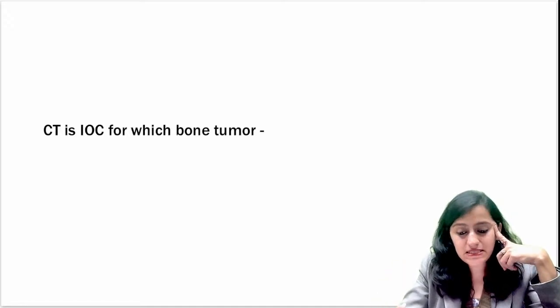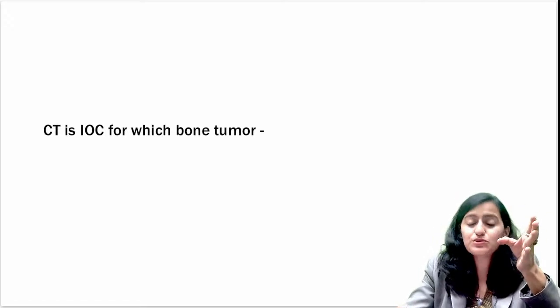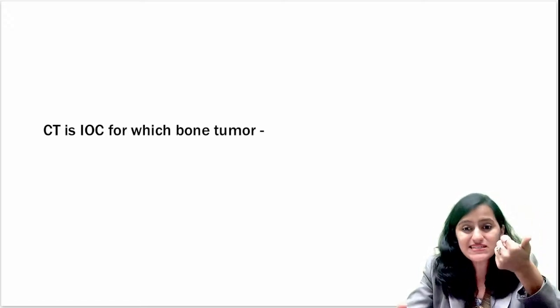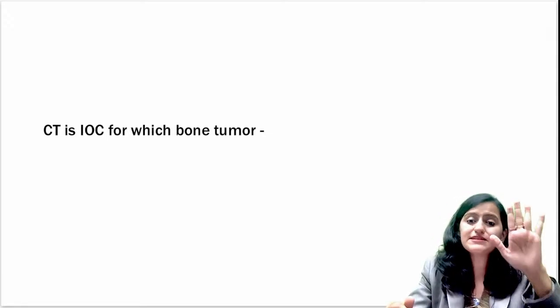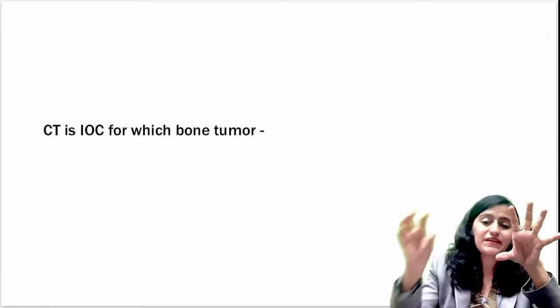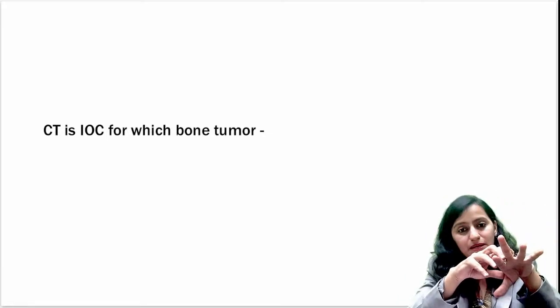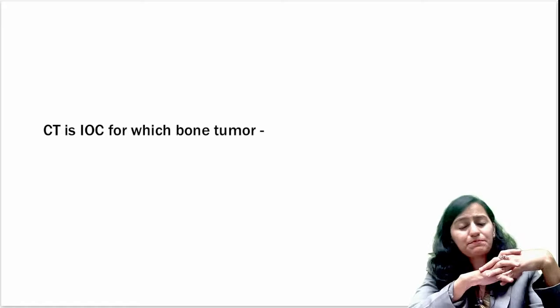Okay, STIR. STIR is the sequence which is done for bone marrow edema, to look for bone marrow edema. Because what is a STIR sequence? It is a fat suppressed sequence. So it suppresses the normal fat like the marrow fat. So imagine that you have marrow fat and in that marrow you have edema as well. So what happens is the fat and edema both are appearing white.